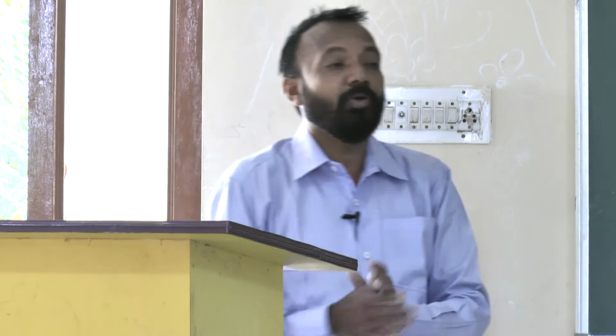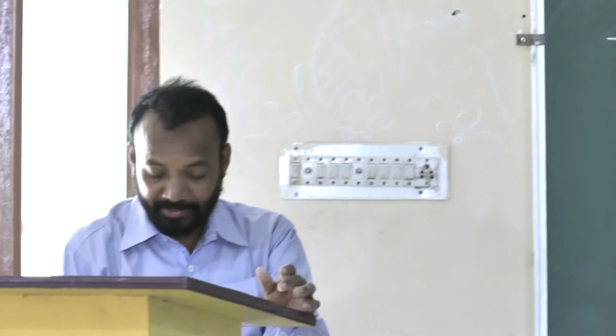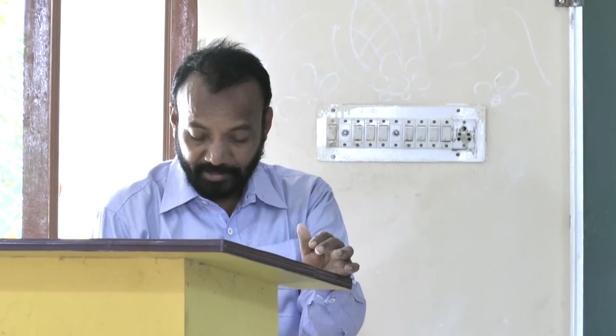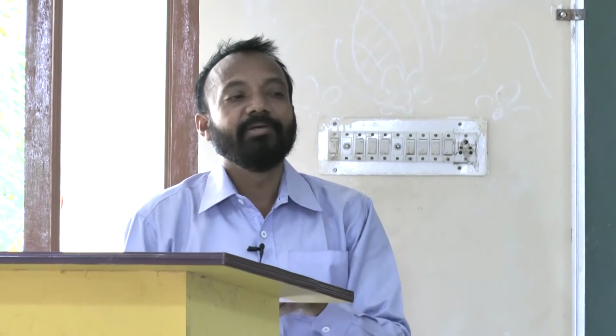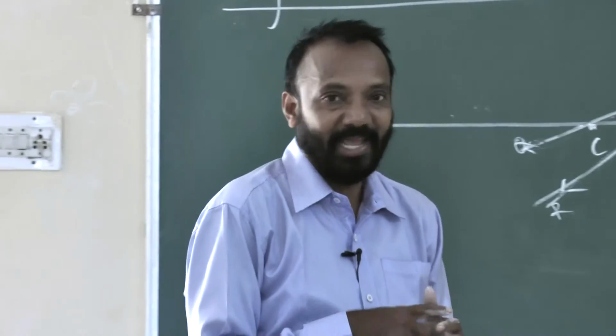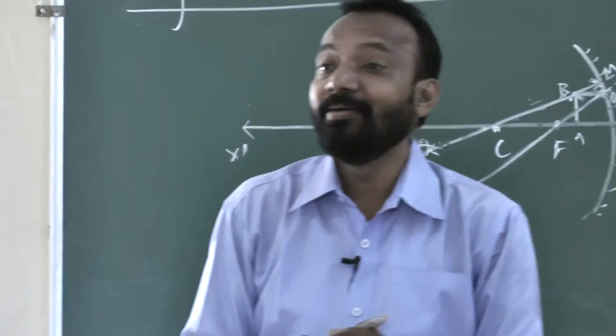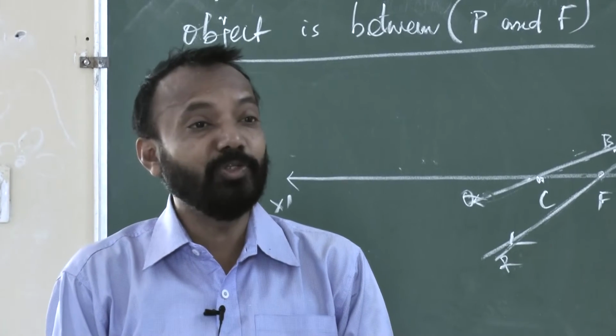Okay. So here you see that in the sixth image, the image is virtual, erect and enlarged. Therefore, the concave mirror is generally used as the shaving mirror for gents, males, and some mirrors are used for ladies also.